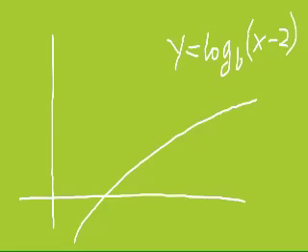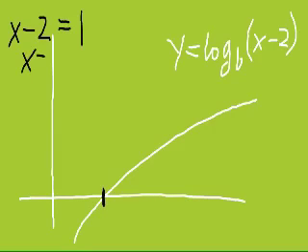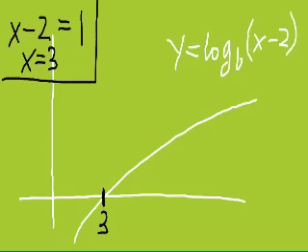The first thing you want to find is the x-intercept. Remember, the original function, the log of 1 was 0. So to find the x-intercept of this function, we let the argument x minus 2 equal 1, because the log of 1 is 0. And we solve this for x, we get x equals 3. That's the x-intercept. So the x-intercept is x equals 3.